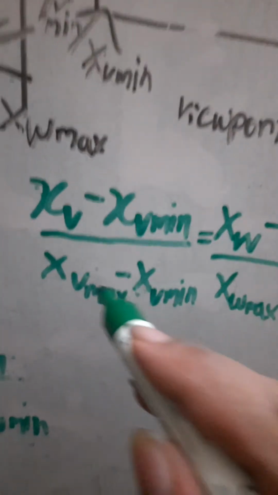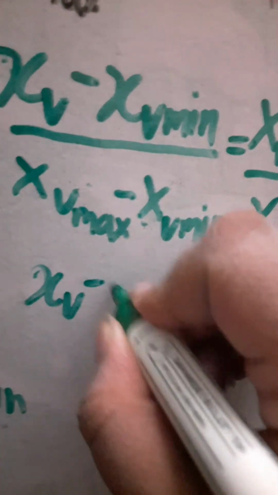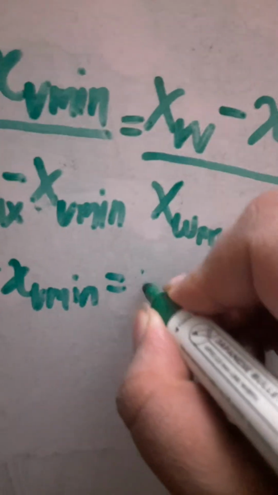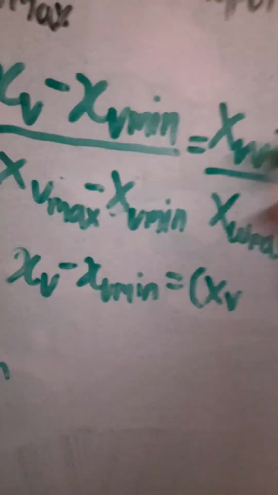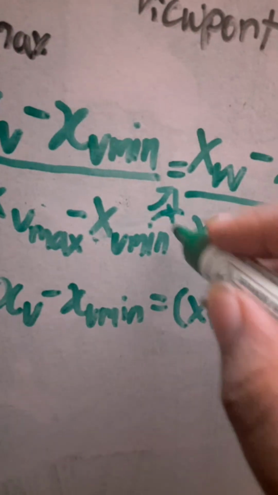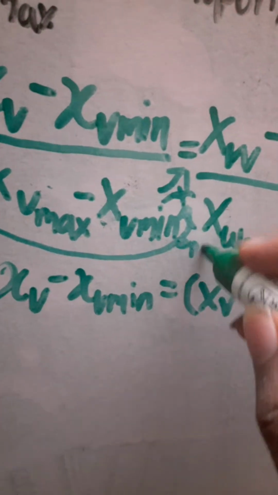So now what we would do is we cross multiply it, okay. xv minus xv min equals xv, this comes here because this is multiplied, this is division here, right. Division comes to the opposite side of the equation, then it becomes multiplication, because the opposite of division is multiplication, right.